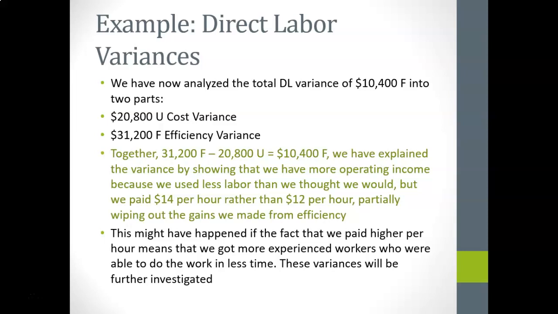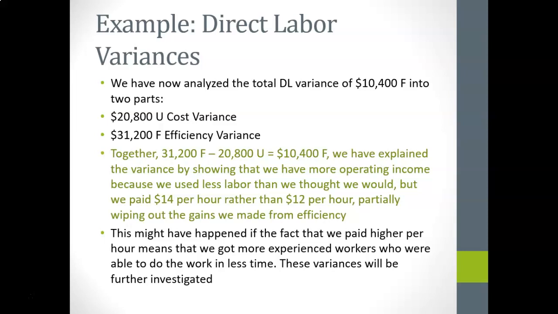So the 31,200 favorable minus the 20,800 unfavorable is 10,400 favorable. Good, that checks. We have explained the variance by showing that we have more operating income because we used less labor than we thought we would, but we paid $14 an hour rather than 12, so that kind of partially wiped out the gains we made from efficiency.